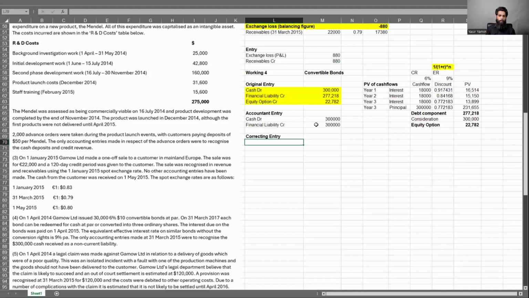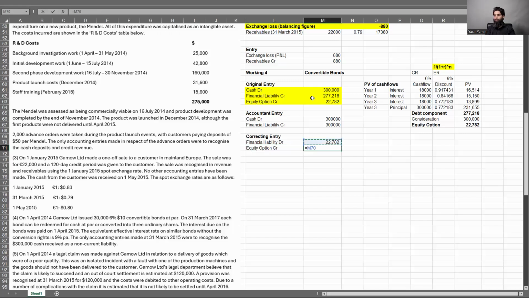Your accountant credited whole financial liability, whereas they should have only credited 277,218, and the rest should be equity option. What should be the correcting entry? Financial liability debit 22,782, equity option credit 22,782.